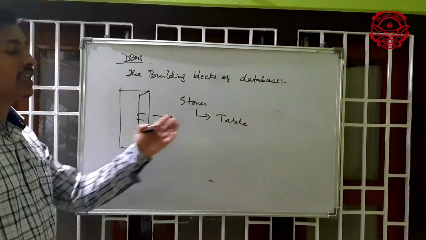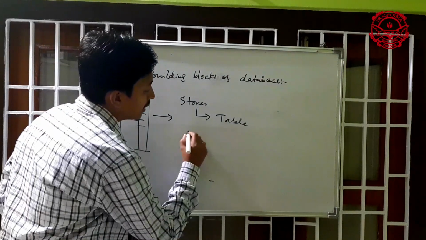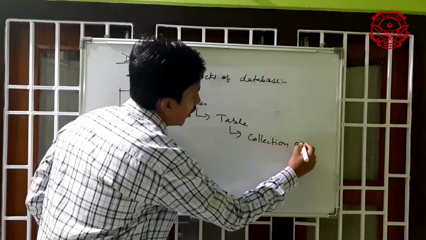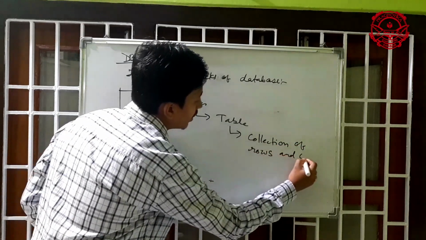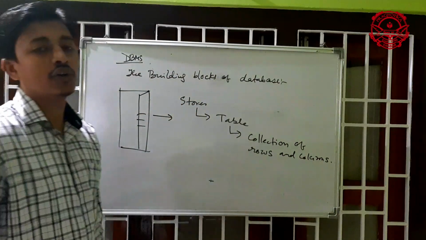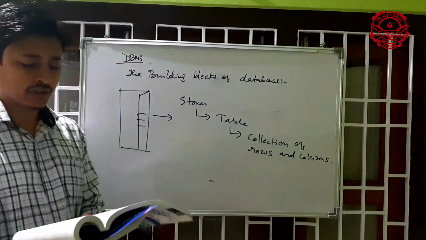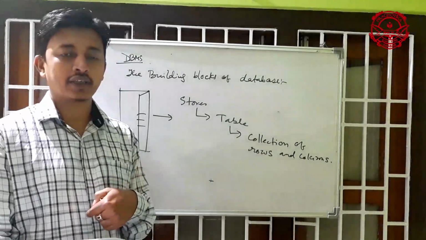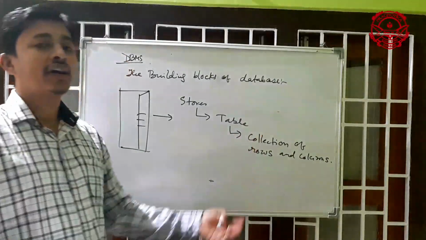All the information is saved in the form of tables, and this table is a collection of rows and columns. In your book you can see a table is generally a collection of data on a specific topic. It means you can store a specific topic in the form of tables.